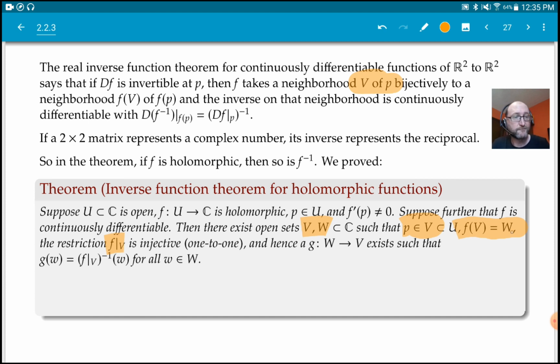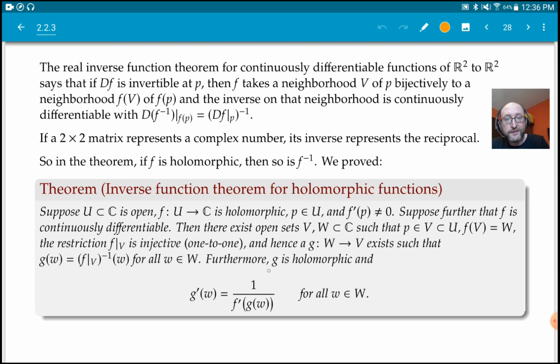It's actually, well, of course, it's onto w by definition. So it's a bijection between v and w, and hence there is an inverse. Let's call it g, right? And right, this just says that there is an inverse, right? So it's an inverse of f, right? On v, right?